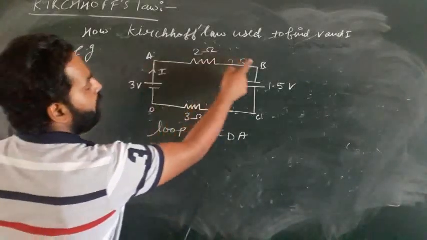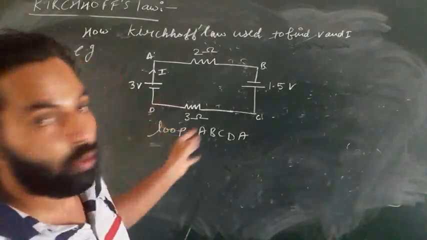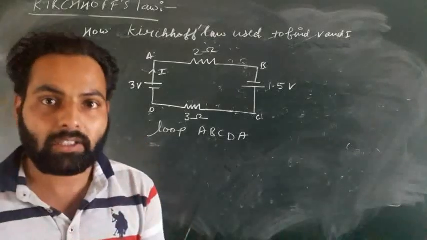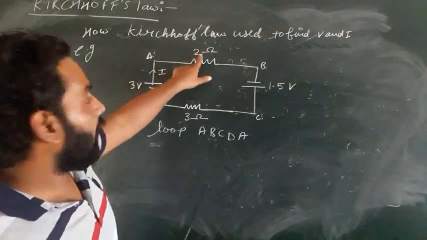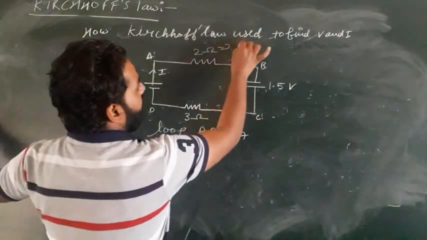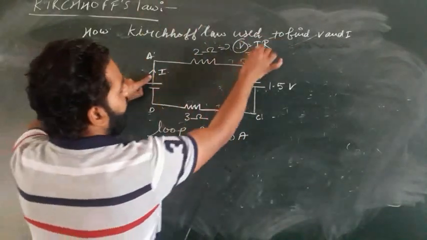The current moves from A to B. So what we have seen here is that the direction of the loop as well as the direction of the current is the same. In that case, the product of I and R is taken, so V is equal to IR. What is R?